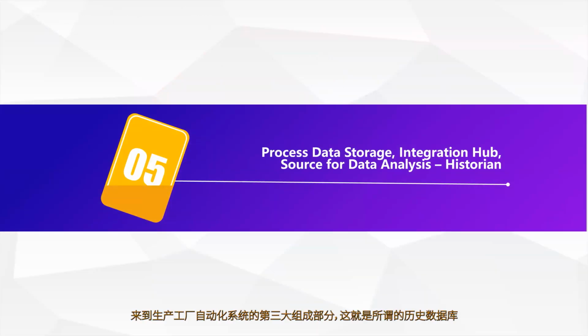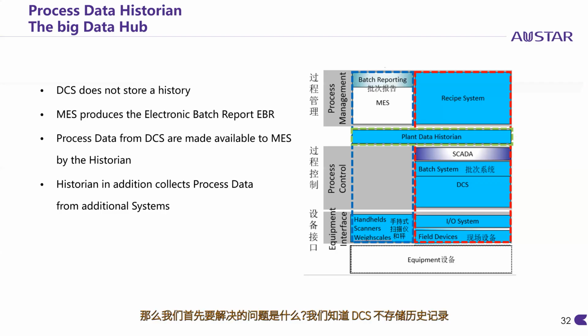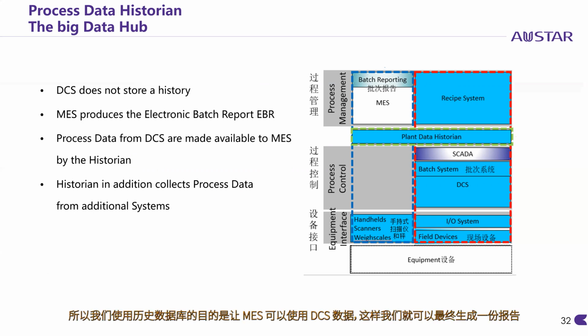I come to the third big component of systems for automation of a biotech production plant. This is the so-called historian. So what is the problem we want to solve? First, we know that the DCS does not store really a big history. The MES on itself produces a full electronic batch record, EBR, but only on its own activities.